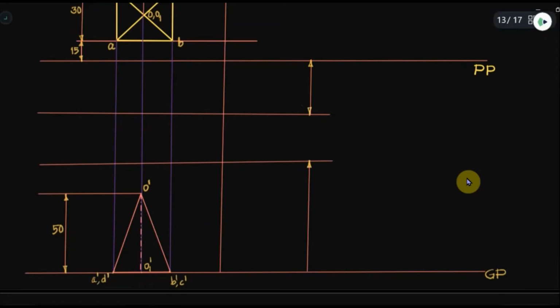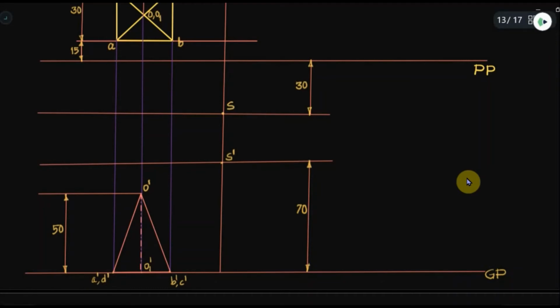Now, which is the top view and which is the front view of the station point? See, the height of 70 is representing the location of the front view of the station point above the GP line, and the distance in front of the picture plane, that is 30 millimeters. This is 70, the other distance is 30. So the distance by which the station point is in front of the picture plane, 30 mm, so this point on the central plane line is representing the top view.